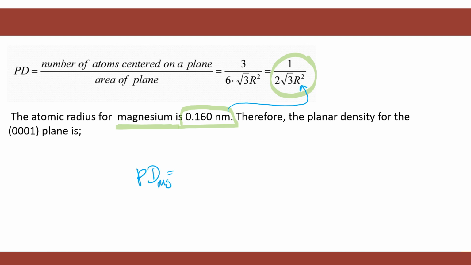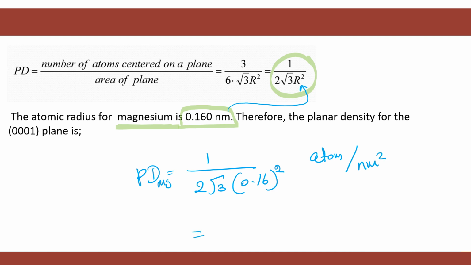Can you find me this one, please? So that will be 1 over 2 root 3, 0.16 squared atoms per nanometer squared.